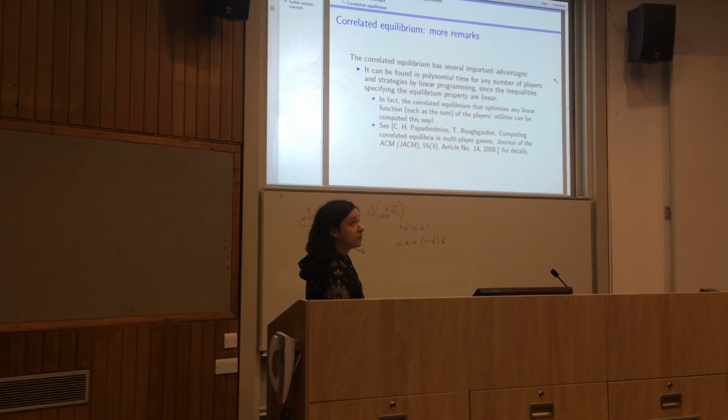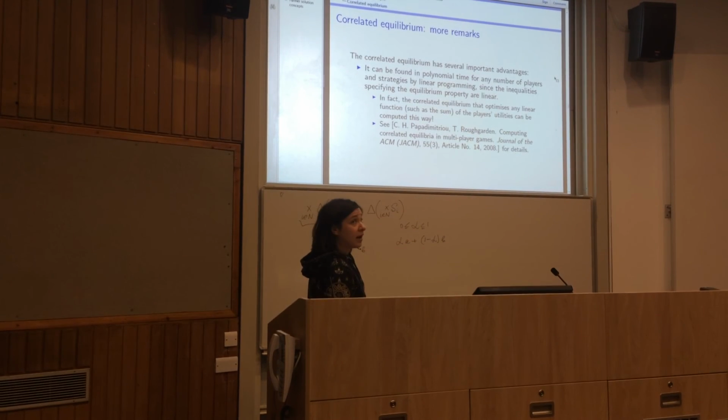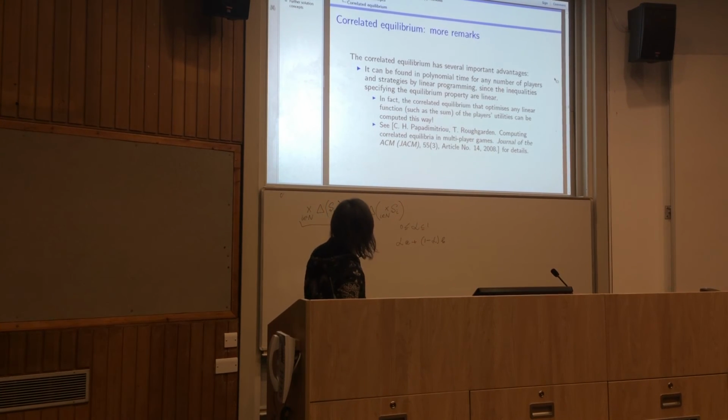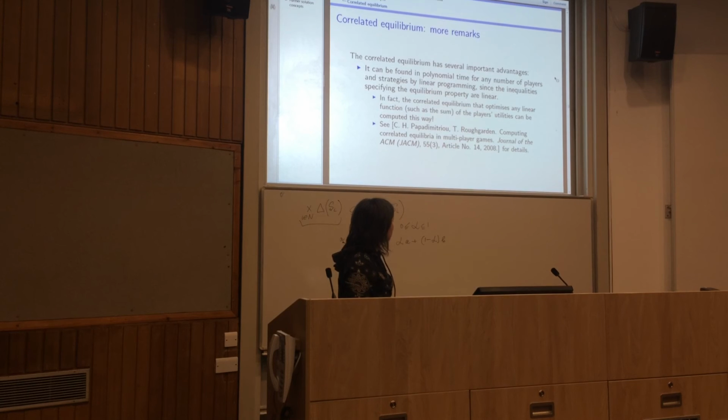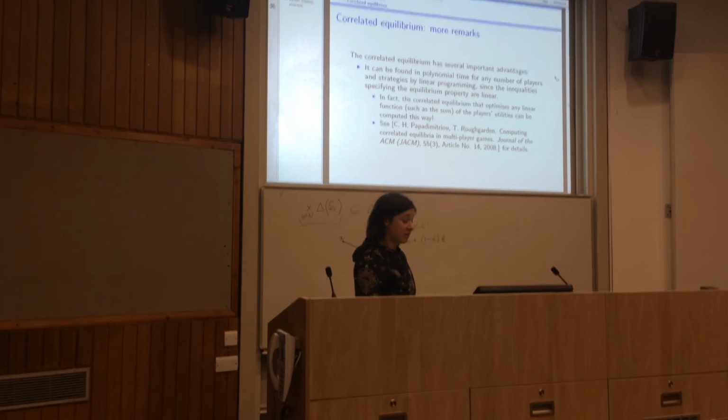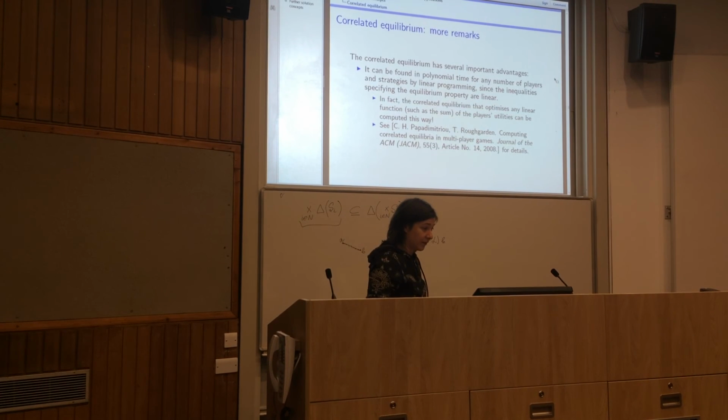So we just have to solve a linear program. And that's why it can be computed efficiently, as opposed to Nash equilibria, which are a subset of those. And you can find the details in this paper, which I will probably cover a bit next week.